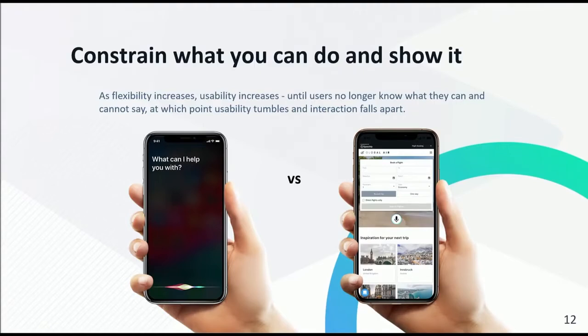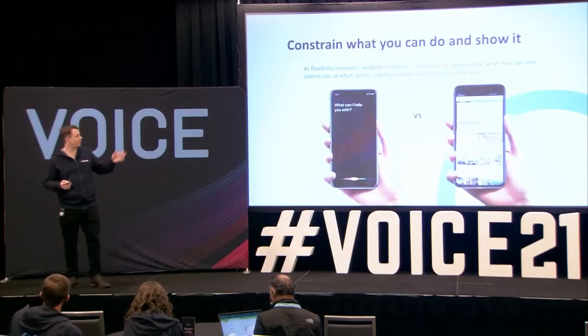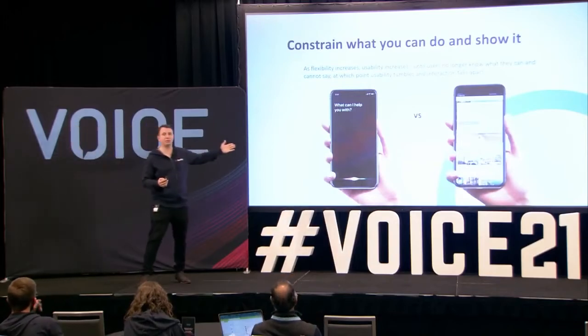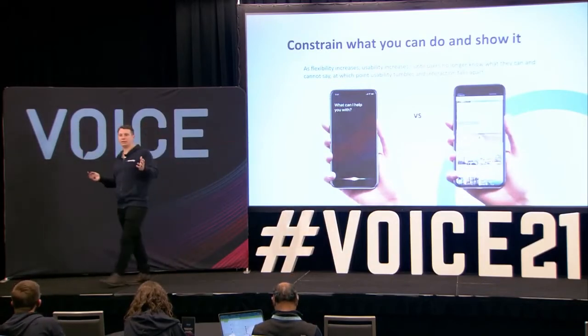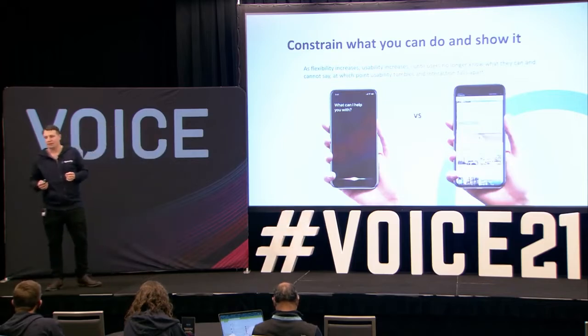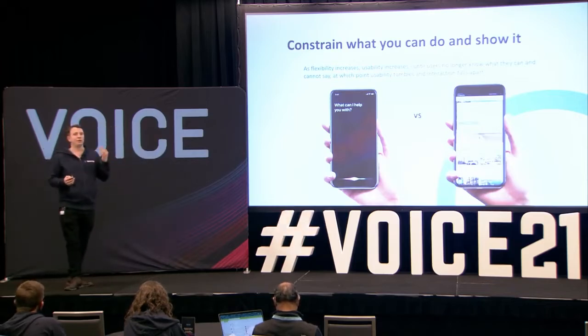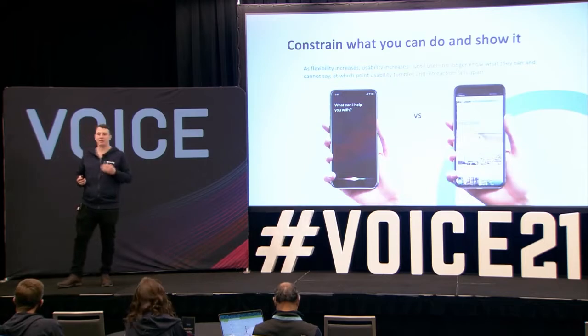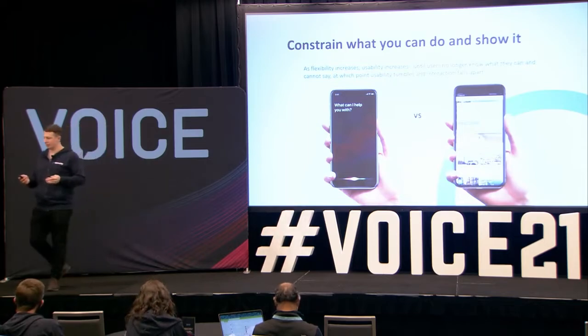On the contrary, on the right one, I think it's pretty obvious, it's pretty small here, but it's pretty clear that this is some kind of travel booking thingy. So it's very easy for the user to understand that, okay, I will not be ordering pizza or kebab from this one. From the other one, you probably would try to do that, or order a parking ticket or whatever. So we can leverage the UI to give hints to the user of what they can and what they cannot do in the voice experience.